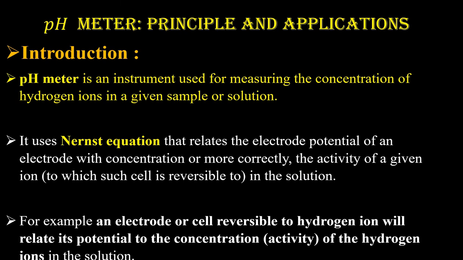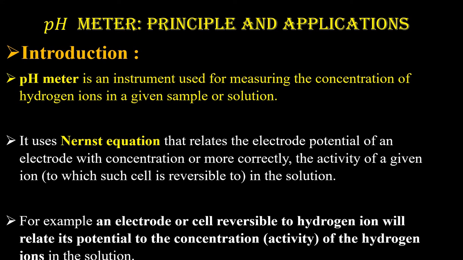Now we consider the next part of our lecture, that is the pH meter. A pH meter is a scientific instrument that measures the hydrogen ion activity in water-based solution, that is aqueous solution, indicating its acidity or alkalinity, which is expressed as pH.